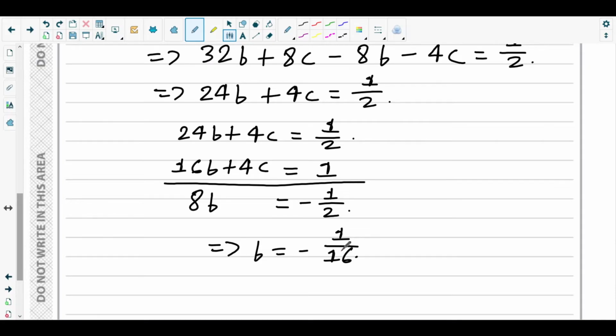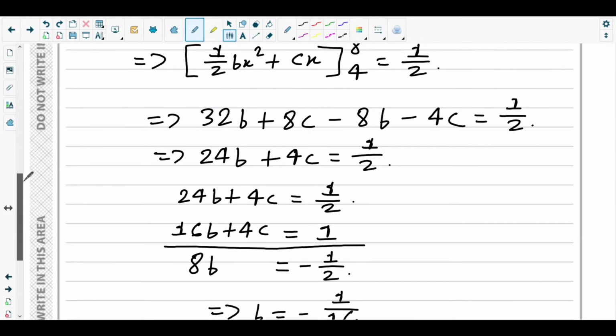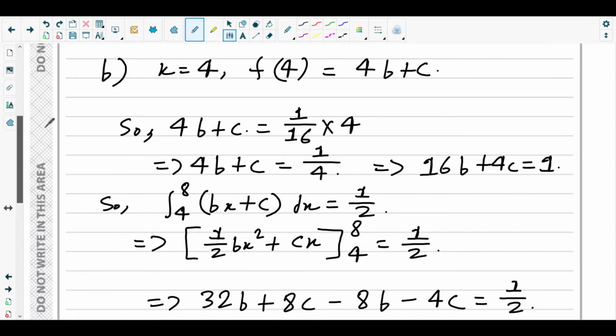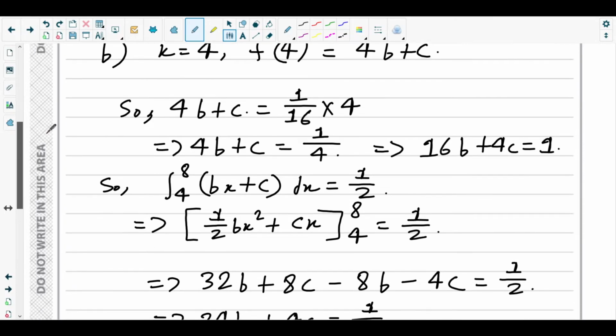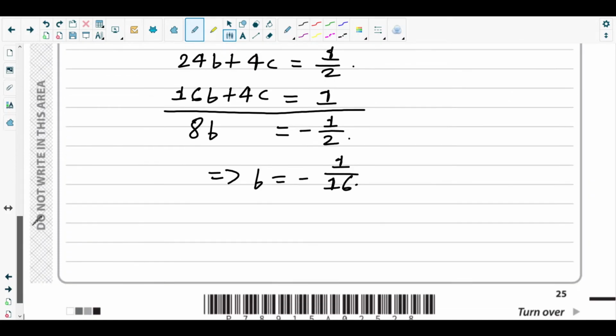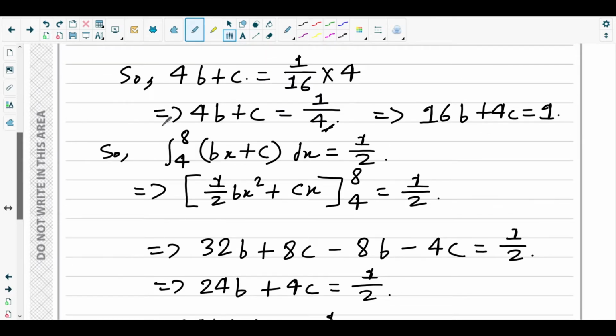Next, we need the value for c. Just put it in any of the equations. So for 4b plus c equals 1 over 4, if you make c the subject, c equals 1 over 4 minus 4b, right?